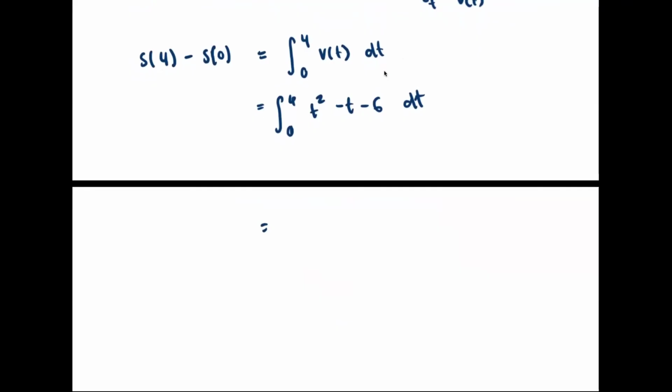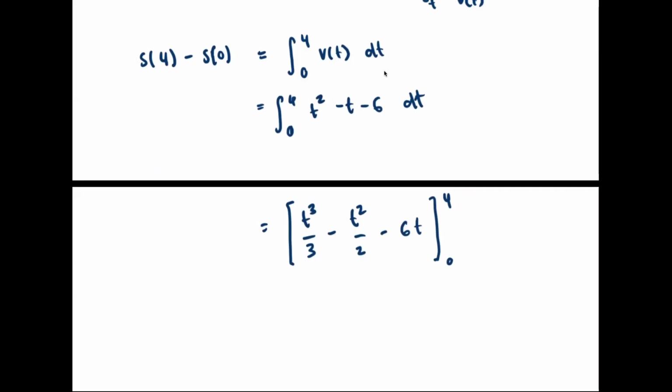So t squared is going to give me t cubed over 3. Minus the t part is going to give me t squared over 2. And then the 6 is going to give me minus 6t. And this needs to be evaluated from 0 to 4.